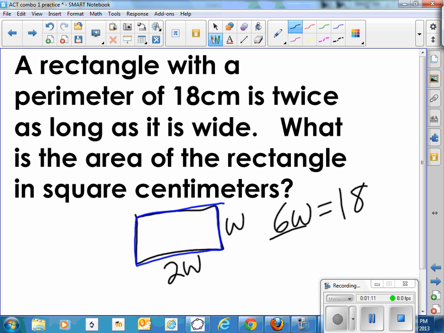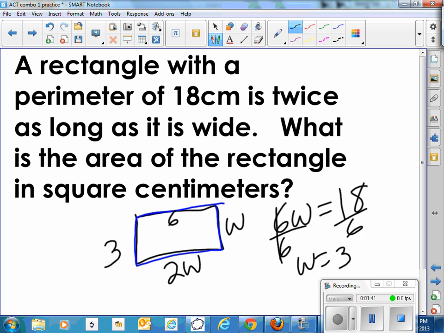Well, if 6W is 18, then W is 3. So if W is 3, then 2W is 6. A rectangle that has a width of 3 and a length of 6 also has an area of 18 as well.